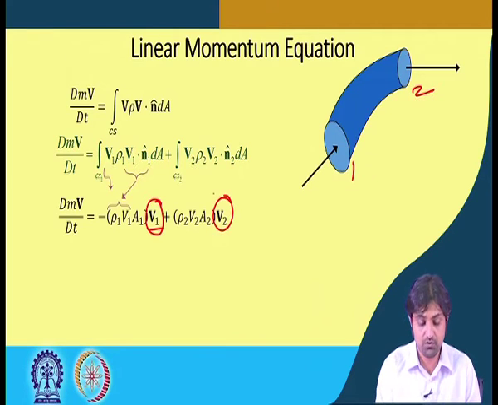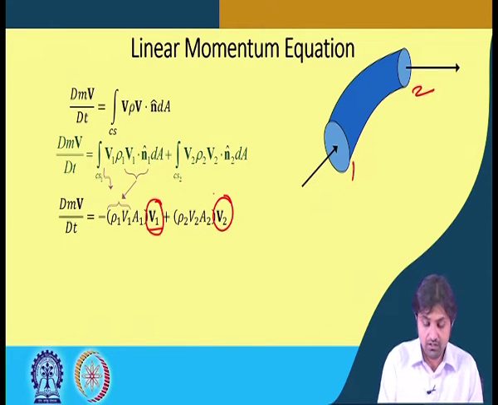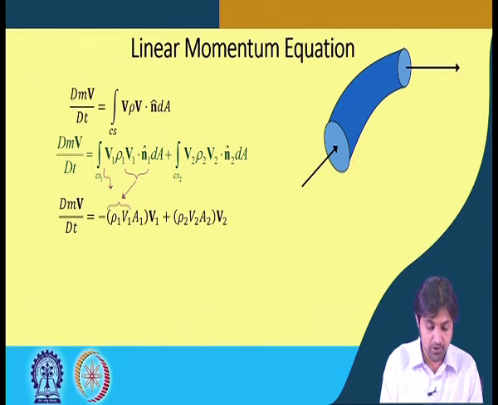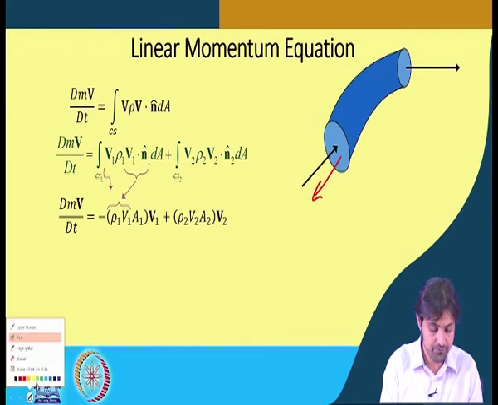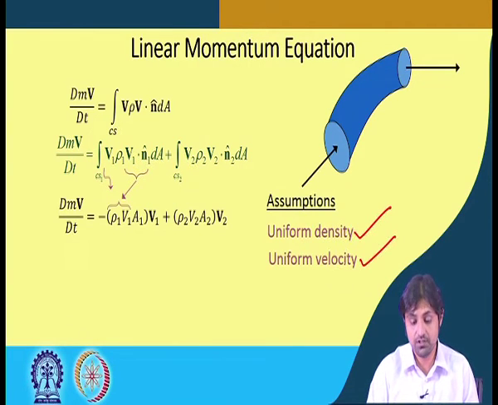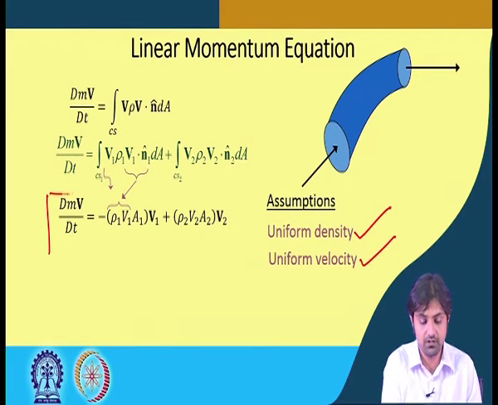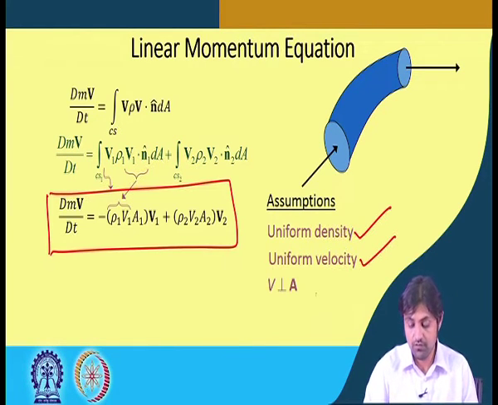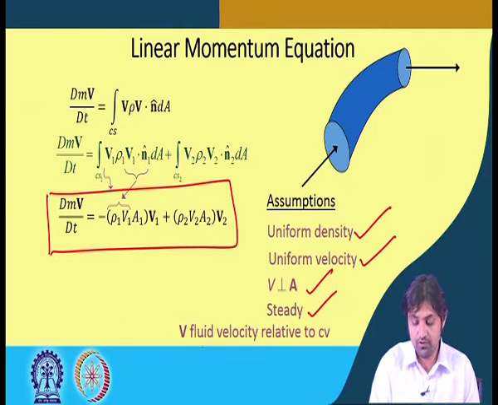Here V2 takes care of this direction, because this is pointing outward. If we take this direction as positive, that is why this is negative. The assumptions are uniform density, uniform velocity, V always perpendicular to the area, and steady state. V is the fluid velocity relative to the control volume.